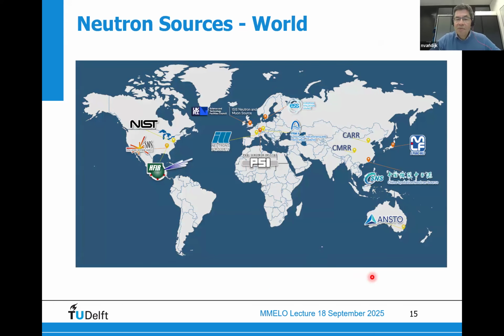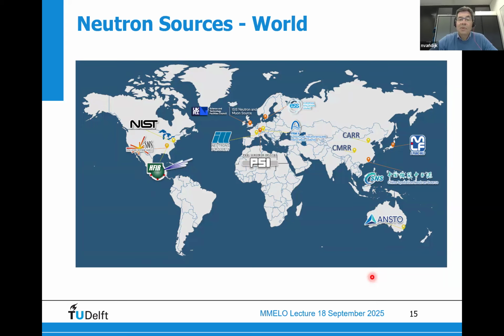So where can you do neutron experiments? You always need relatively large facilities to liberate the neutrons and make intense beams out of them. In the world, there are somewhere between 20 and 30 places where you can do these sort of things, and they vary in strength.